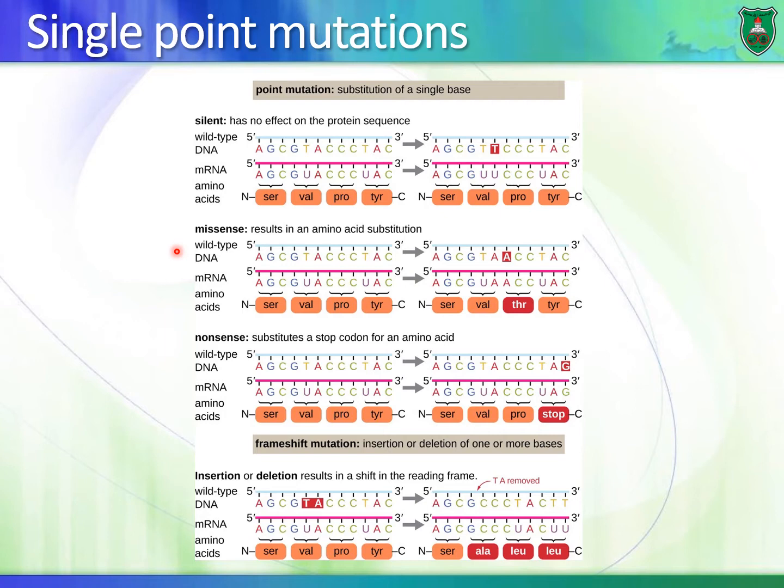Now, some mutations are known as missense mutations. Sense means something like logic, so missense means bad logic. That's basically when you change the amino acid of the protein. So right here, you have a C, and this C changes into an A. So instead of C, C, C, you have A, C, C. If you go back to that table, A, C, C codes for a threonine.